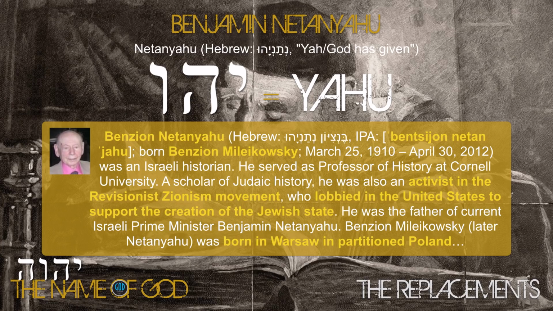Again, for a linguist to take this direction in rendering Zion, which does not have a Y or J in the middle, to add a J, and as well as Jahu instead of Yahu now, well, this is just more leaven. You can see where they're heading here.